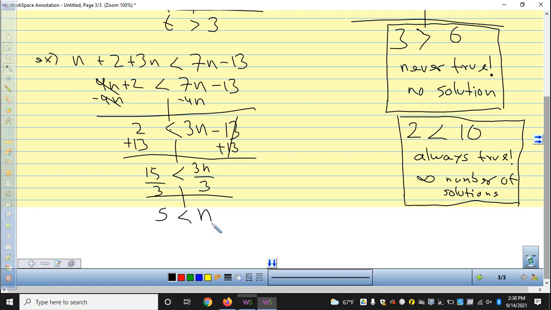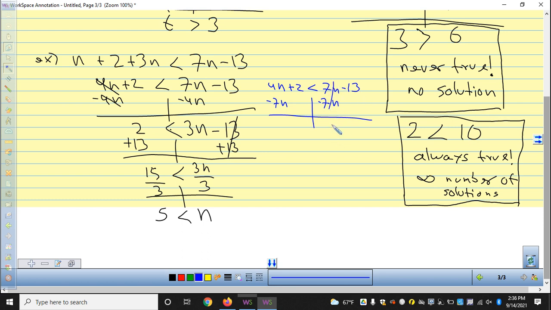Now, if you subtracted 7n from both sides, you would have a negative. Let me go through that. I'm just going to write that one up here in blue. If we did 4n plus 2 is less than 7n minus 13, and we decided to subtract 7n from both sides, I can do that.